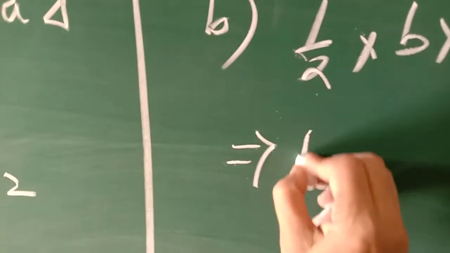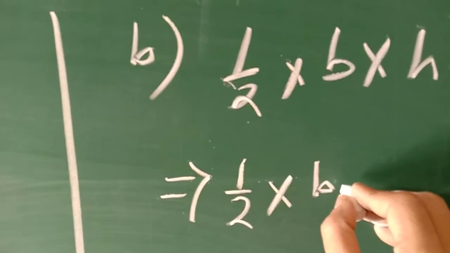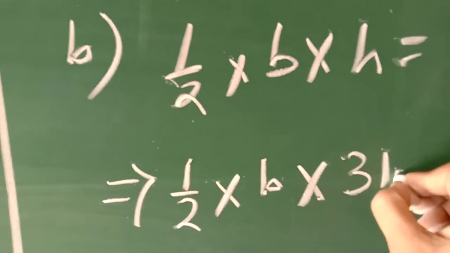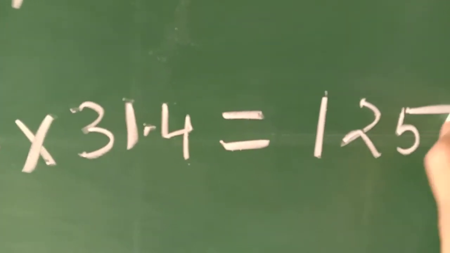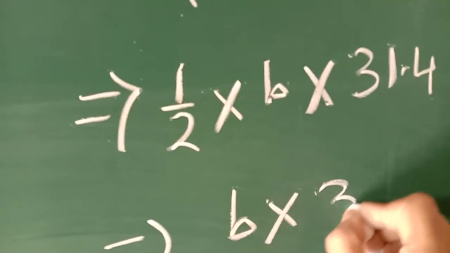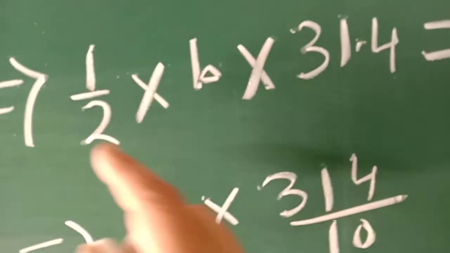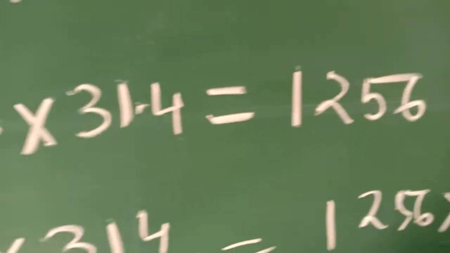Now half into base, base is missing, and height is 31.4, equal to 1256. Now base into 314 by 10, 2 was here, 1256 into 2.